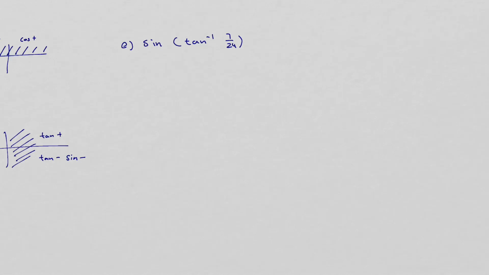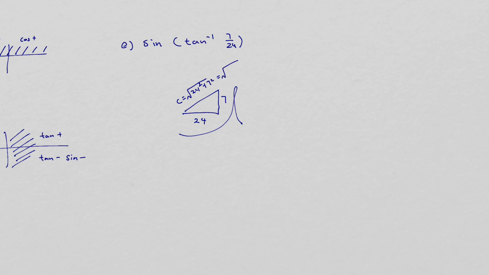Let's try one last one. So tangent inverse 7 over 24. So let's find that triangle. Tangent is 7 over 24. So in order to find the hypotenuse, we do square root of 24 squared plus 7 squared.